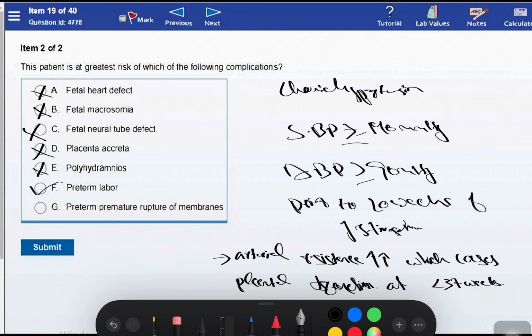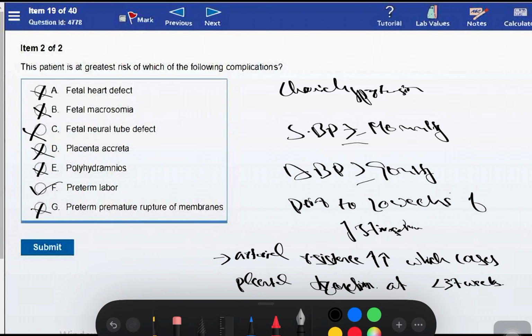Polyhydramnios is commonly associated with poorly controlled diabetes in pregnancy and fetal anomalies that cause structural or functional obstruction of the intestinal tract, for example esophageal atresia. Come to choice G. Preterm premature rupture of membrane is rupture of membrane prior to 37 weeks of gestation and prior to onset of labor. Hypertension does not increase the risk of preterm premature rupture of the membrane.